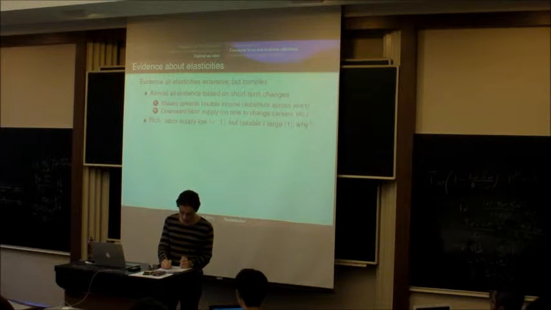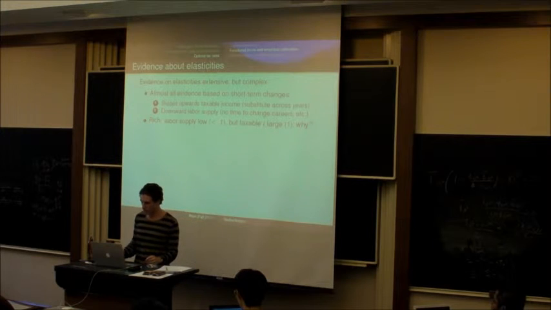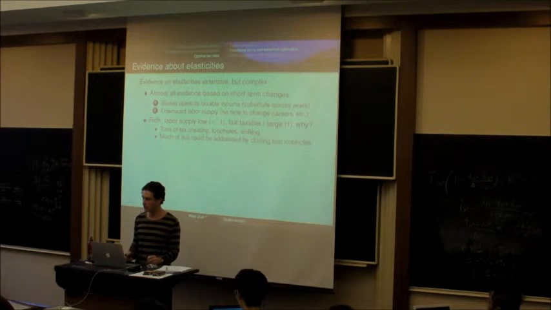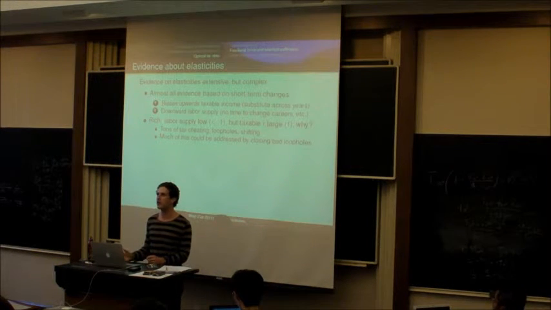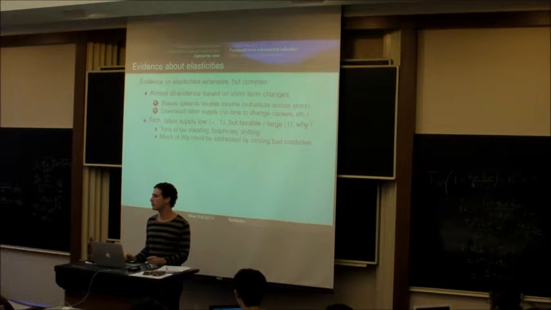Yeah, so because rich people can shift the amount of income they earn across years pretty easily, right? Because there's lots of opportunities for tax cheating, for tax shifting, for loopholes, and so forth. A lot of people think that this sort of fake elasticity could largely be addressed by closing loopholes, making tax enforcement better, and so forth.